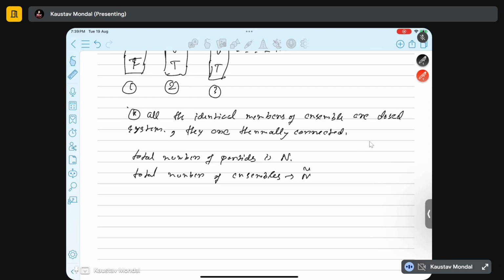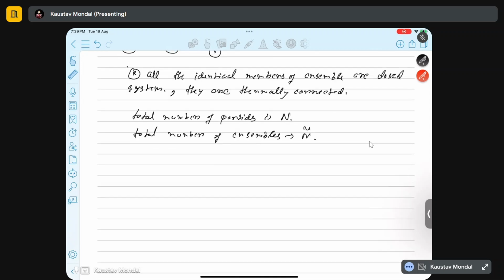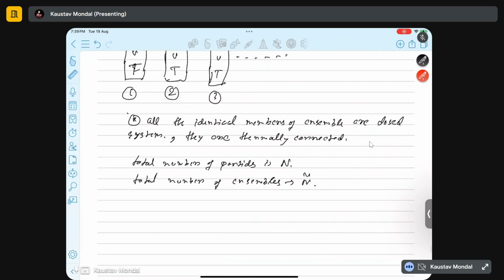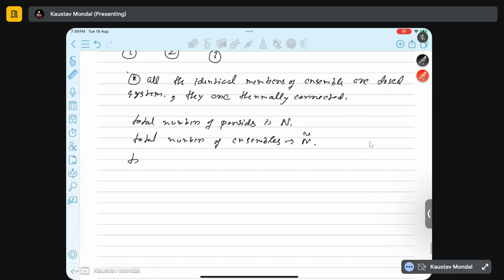Similarly, the total energy of the whole ensemble, if we add the energies of all the members of the ensemble, we denote as E tilde.